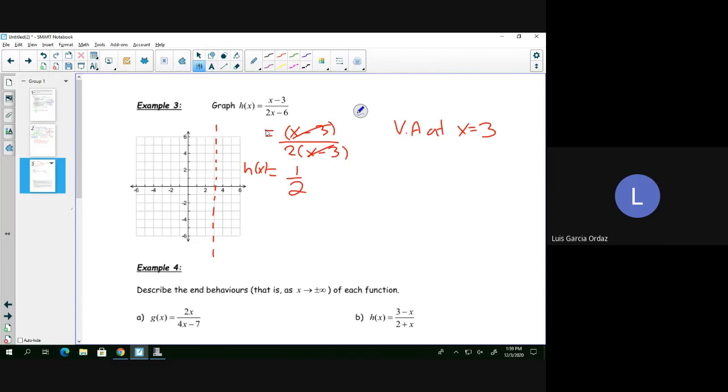So we're going to get a horizontal line as our graph, and our horizontal line is going to happen at y is equal to 1/2. But what's going to happen at x is equal to 3? So we have y is equal to 1/2. At x is equal to 3, there's going to be a hole in the graph, and then it's going to continue.